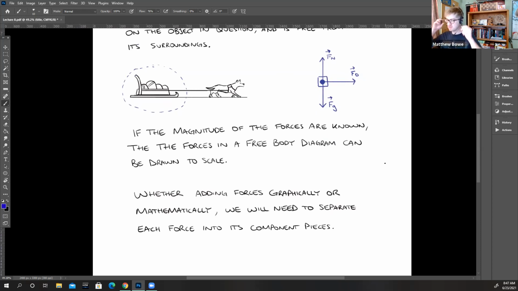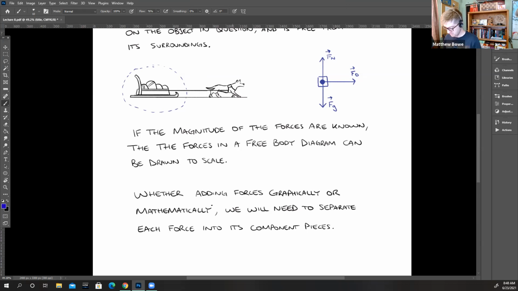Whether you are doing this graphically or mathematically, at some point, you're going to have to split up the components of these vectors. So at the end of the day, we're again just going to be adding vectors.